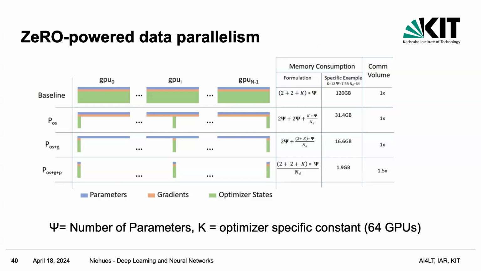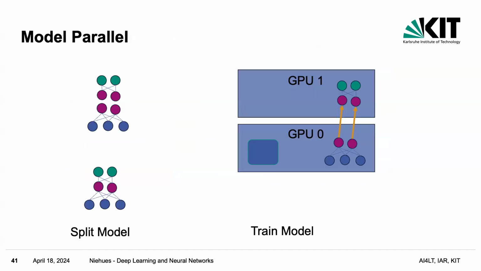Then there is another, again, more simple thing. If your model is too big and can't fit on one GPU, the first idea is maybe you can split your model up, and that is called model parallelism. Just imagine, for simplicity, you have a 2-layer neural network and the layers don't fit on your GPU.